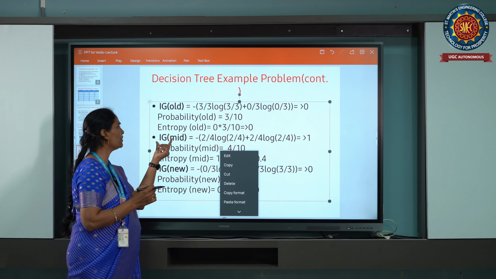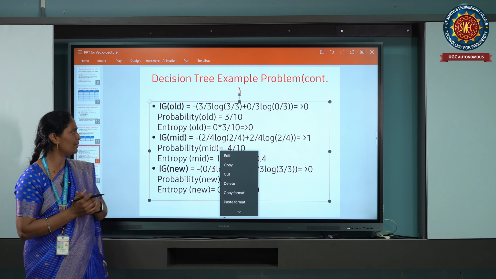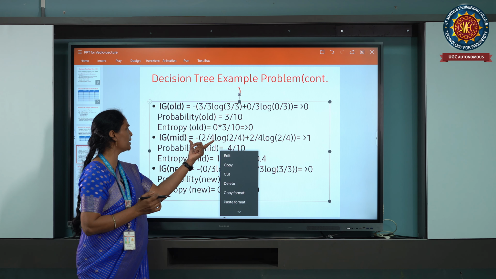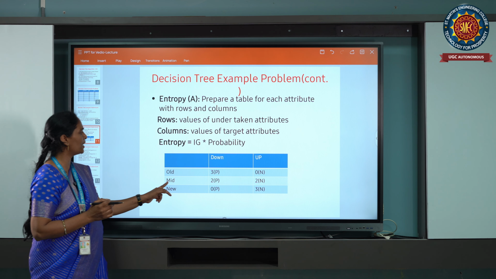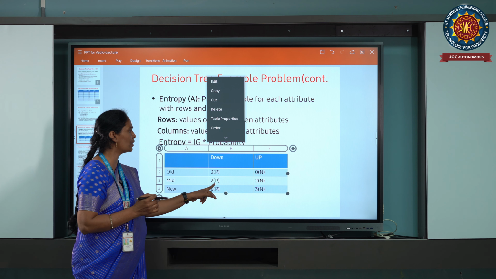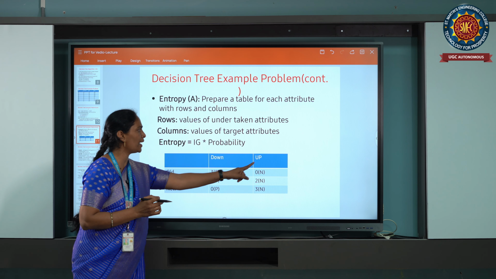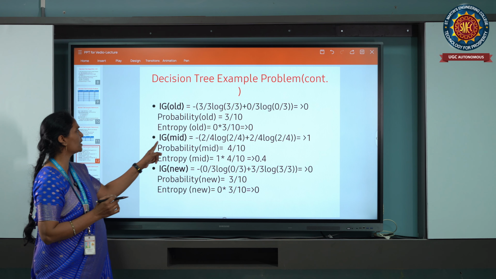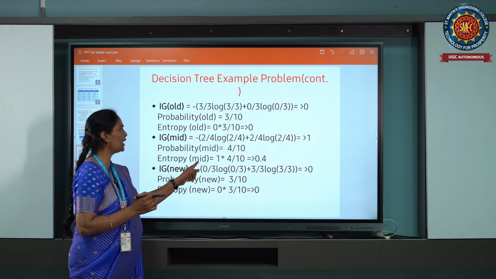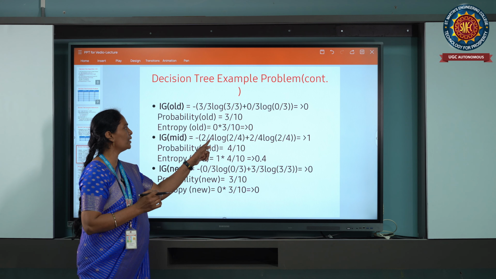Then in the same way, we have to calculate the information gain for the mid here. For the mid, we see how many counts we are getting: the down counts are 2 and the up counts are 2. By that we have to calculate the information gain for the mid as well as the entropy. So 2 divided by 4.